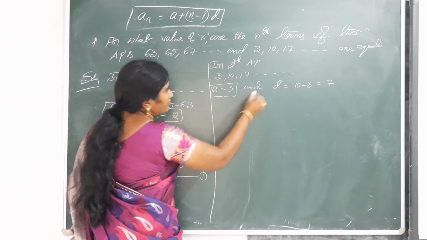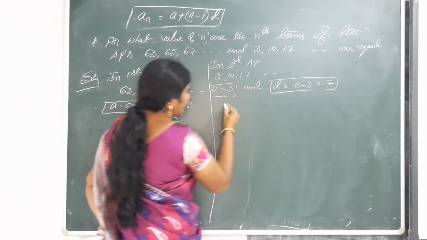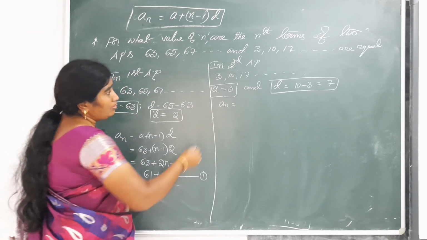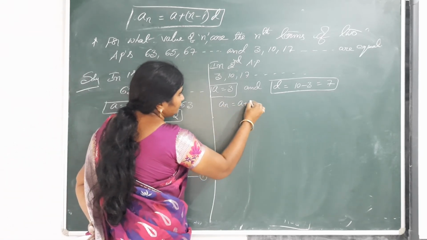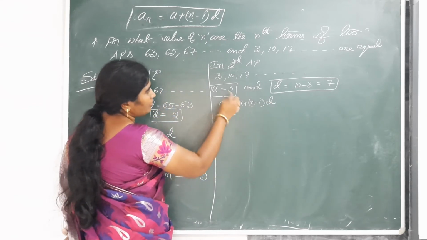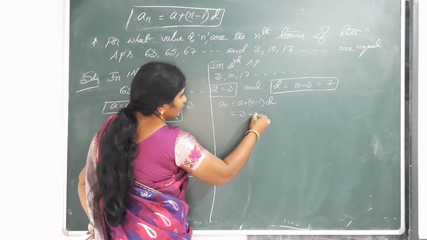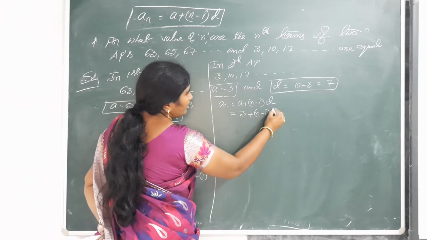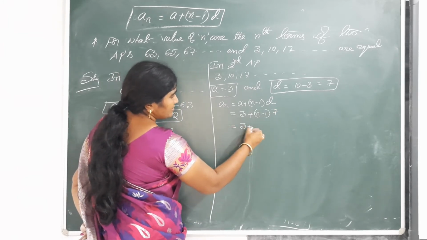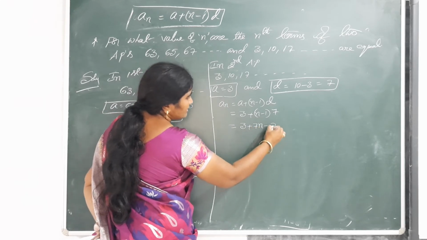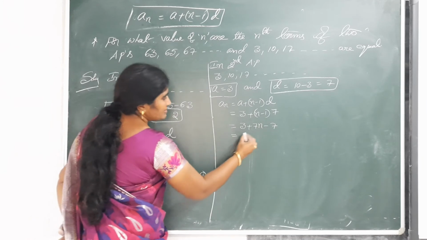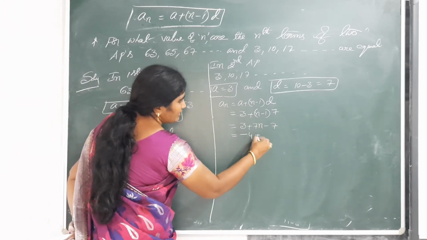Then the nth term of the second AP, An equals A plus n minus 1 into D. Here A equals 3 plus n minus 1 into 7. That equals 3 plus 7n minus 7, that equals 3 minus 7, which is minus 4, plus 7n.